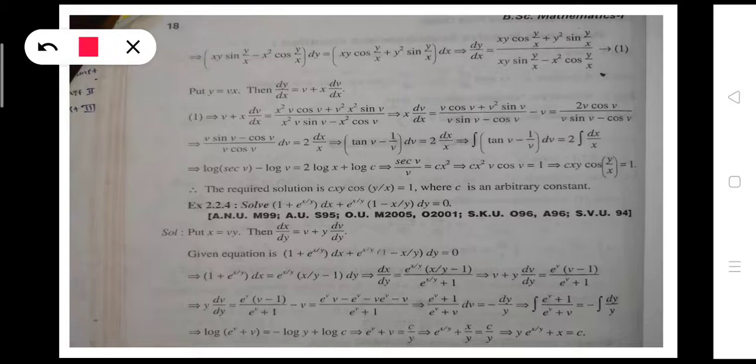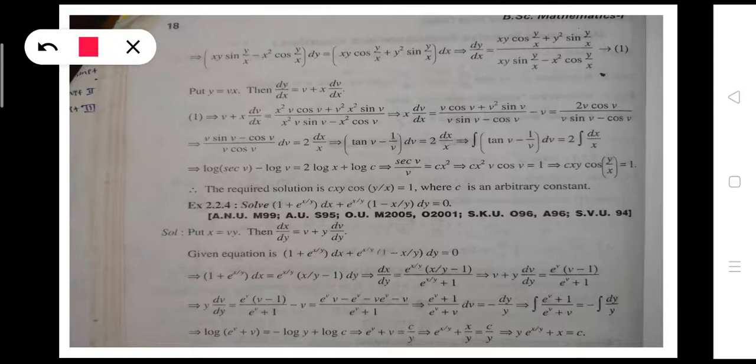First we put y = vx or x = vy. Here we take the dx/dy form. So put x = vy, then dx/dy = v + y dv/dy. The given equation is (1 + e^(x/y)) dx + e^(x/y) (1 − x/y) dy = 0.